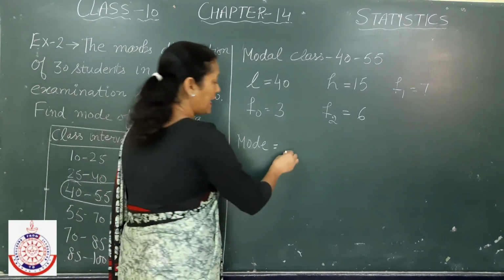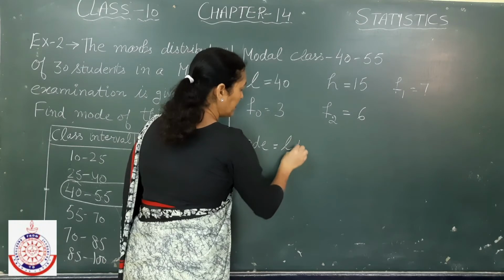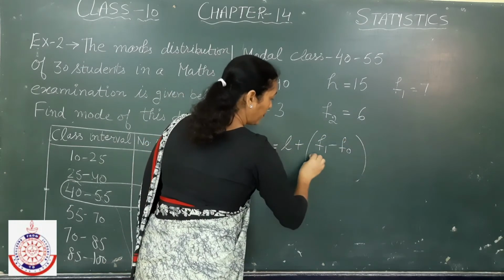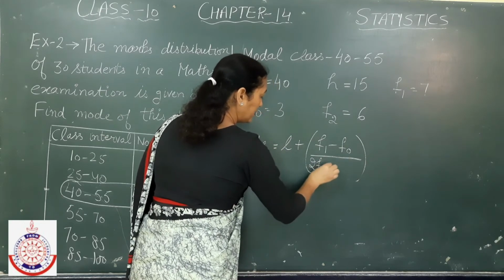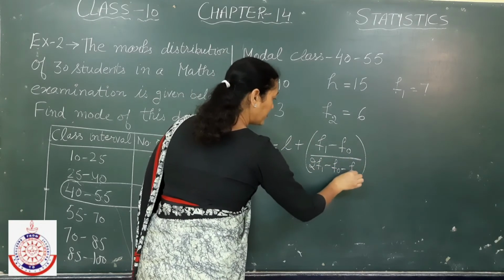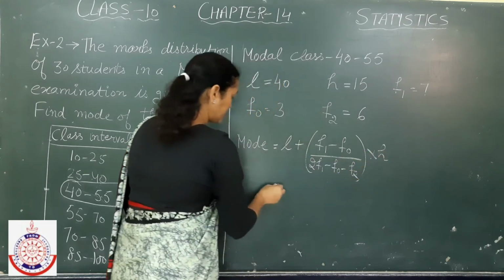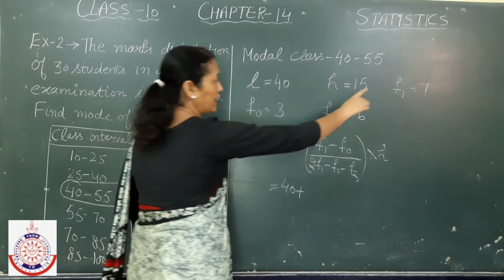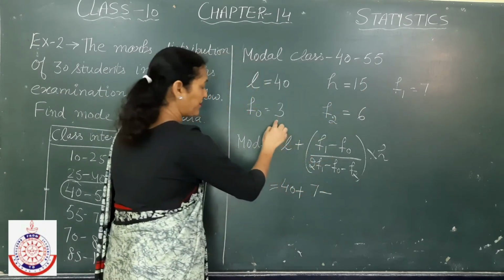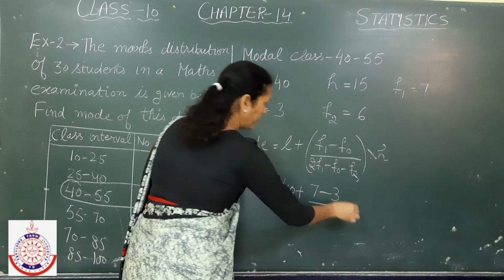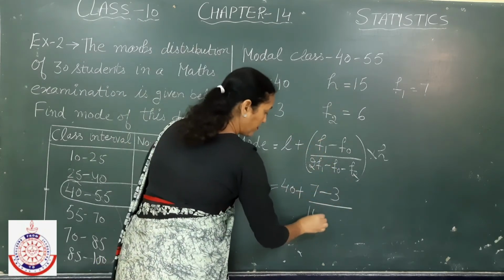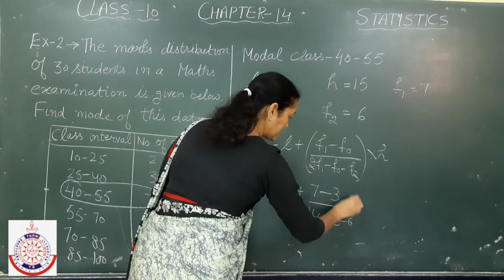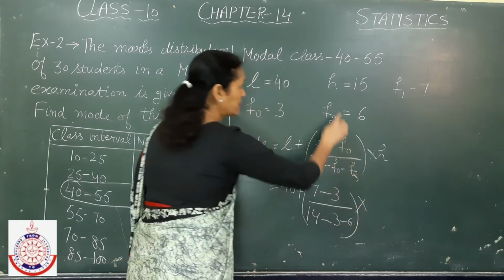According to the formula, it is L plus F1 minus F0 upon 2F1 minus F0 minus F2 into H. Let's put the values. L is 40 plus F1 is 7 minus F0 is 3 upon 2 into 7, that is 14 minus F0 3, F2 6, and H is 15.